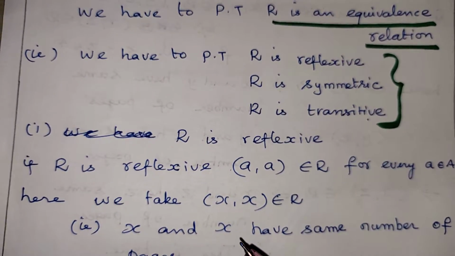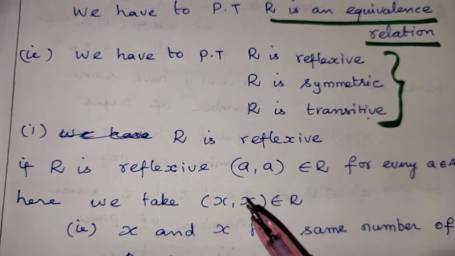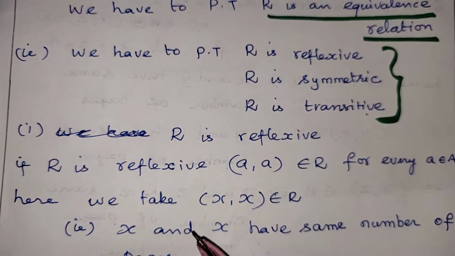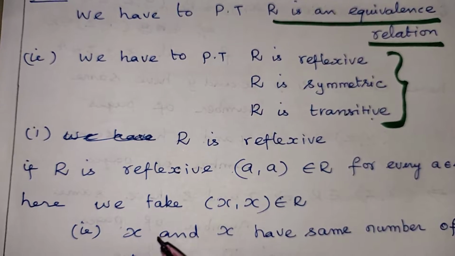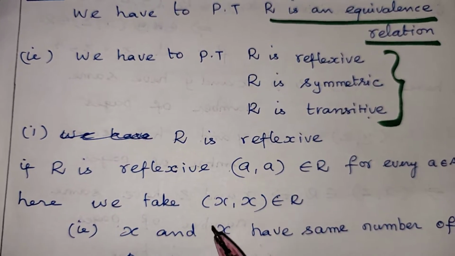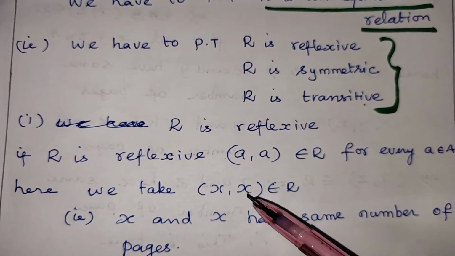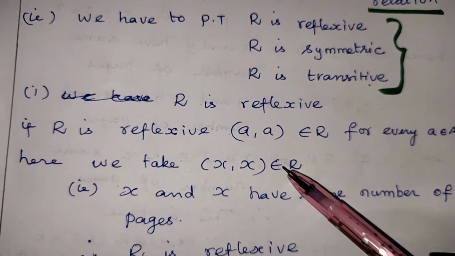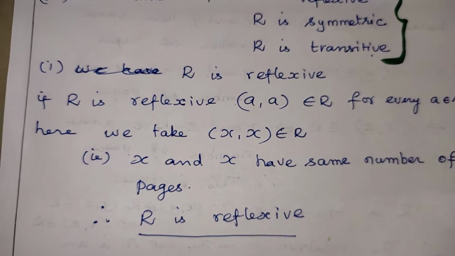We are taking that same x again. So x and x means we are taking the same book. First we are taking x, again we are taking the same book. So x and x have the same number of pages. Therefore (x, x) belongs to R. This satisfies the given relation condition. Therefore the conclusion is that R is reflexive.